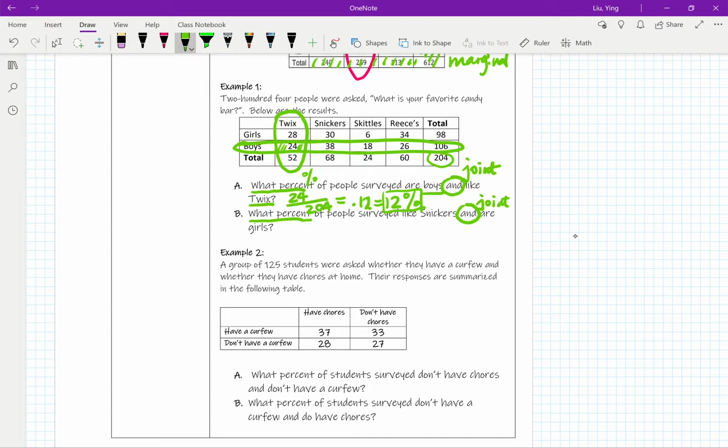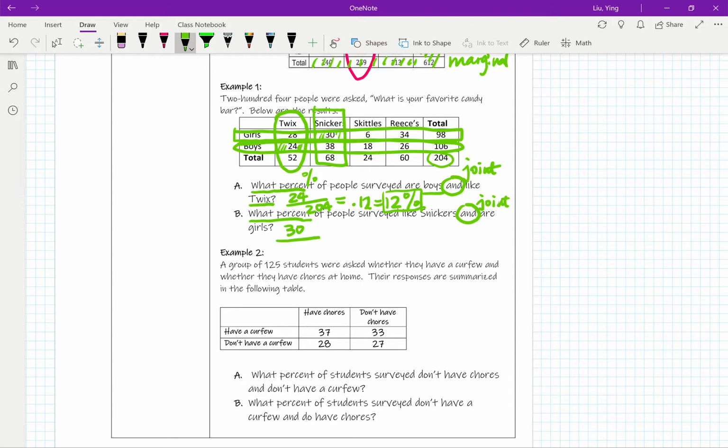So Snickers is right here. If you have a different color pen, you can do that too. It's easier to see that way. So Snickers and girls, we're going to look at these two. This column and the row join at 30. So that's the number, 30.